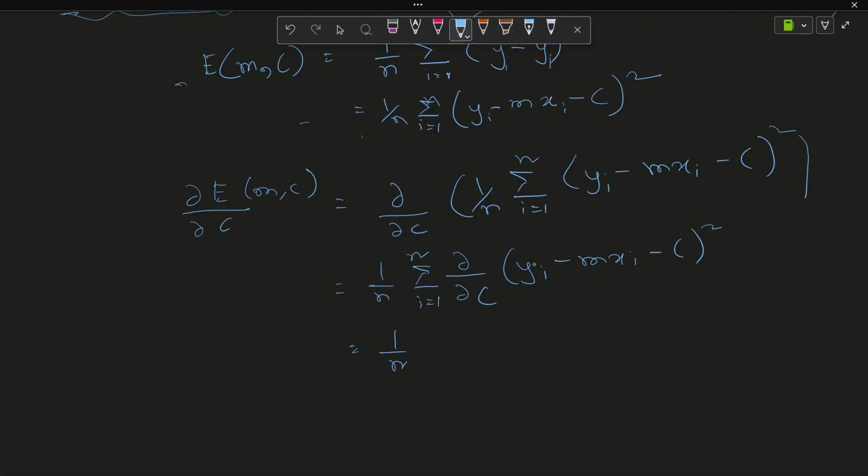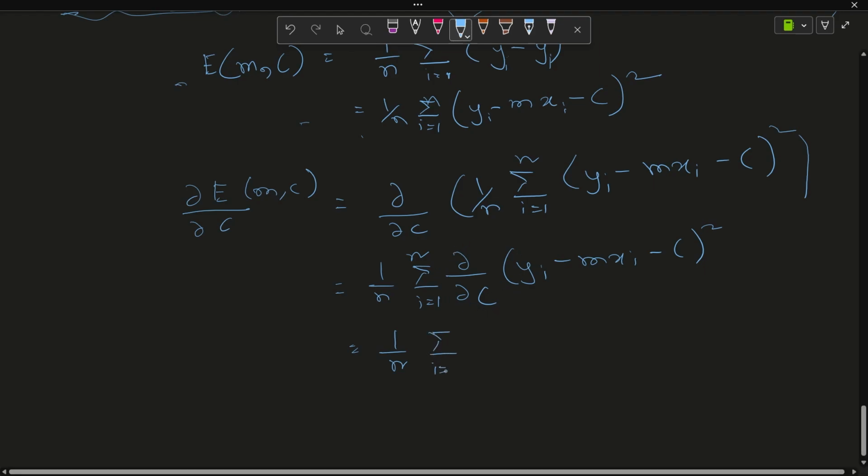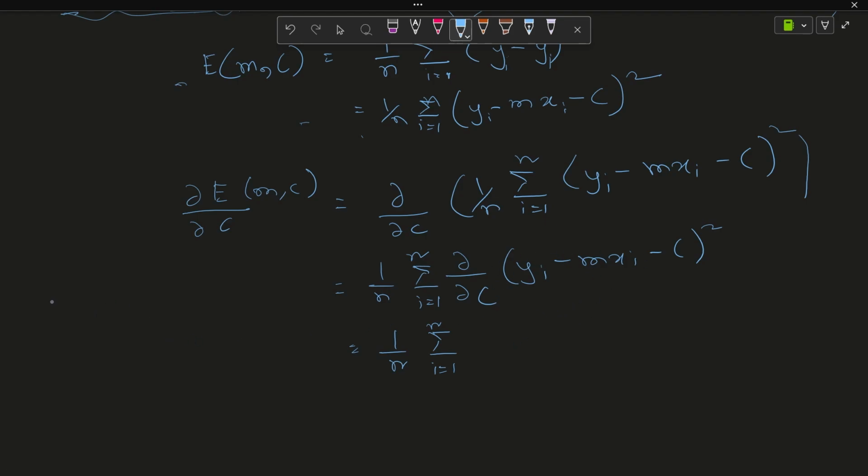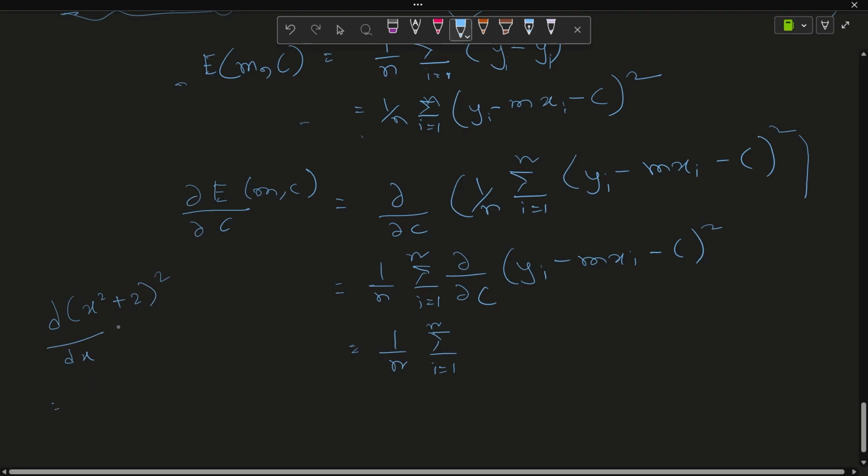So the inside thing will need the chain rule. We will be doing the chain rule here. For example, you have studied it already. So let's take another example for the chain rule. To find the derivative of this equation, you have to find the derivative of the outside thing.